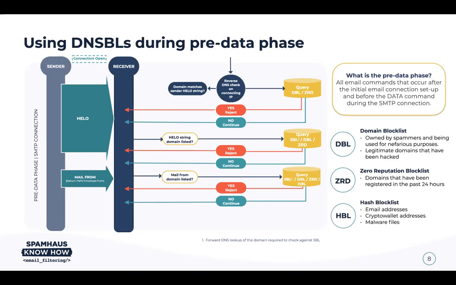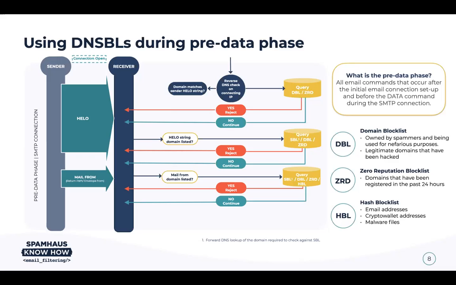But even the email address itself can be queried against our data. Or, better said, not really the email address per se. What you should do is normalize it, apply a hash function over it, and query the hash against our hash blocklist.